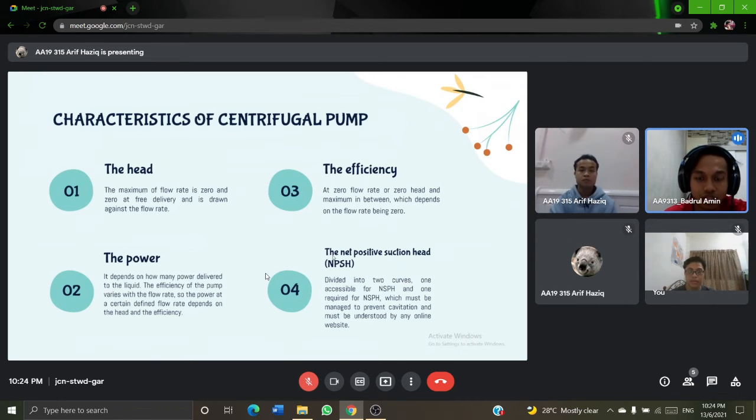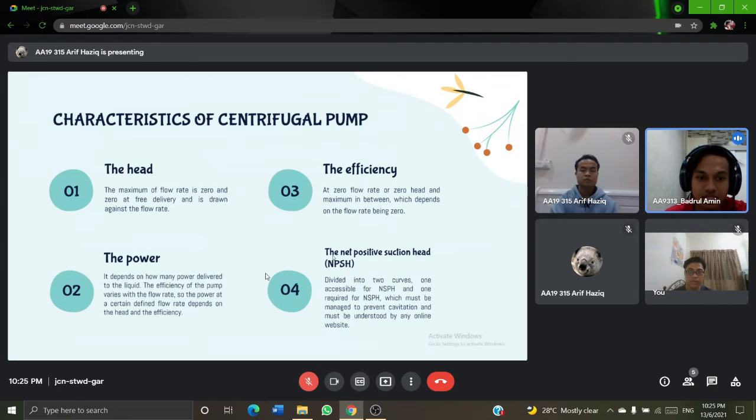Next, the power. A centrifugal pump converts driver energy to kinetic energy in a liquid by accelerating the fluid to the outer rim of the impeller. Next, the third point is the efficiency. The efficiency is the head performance curve that contributes to the efficiency of centrifugal pumps. The momentum produces an increase in pressure or a flow at the pump outlets.